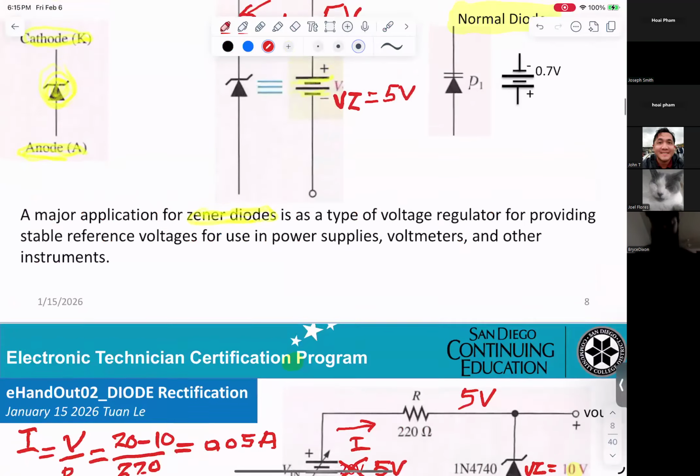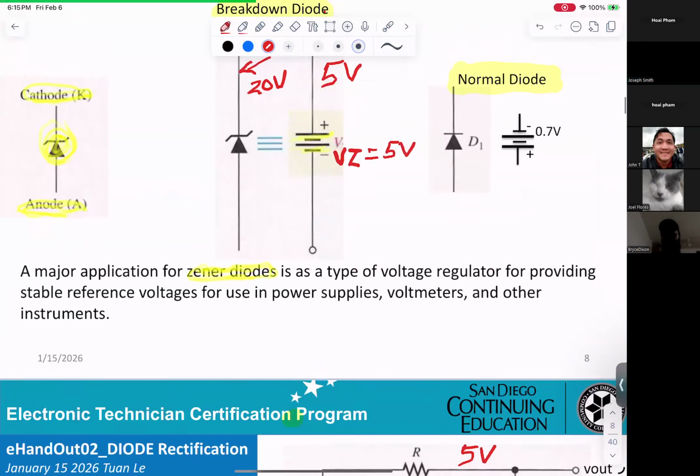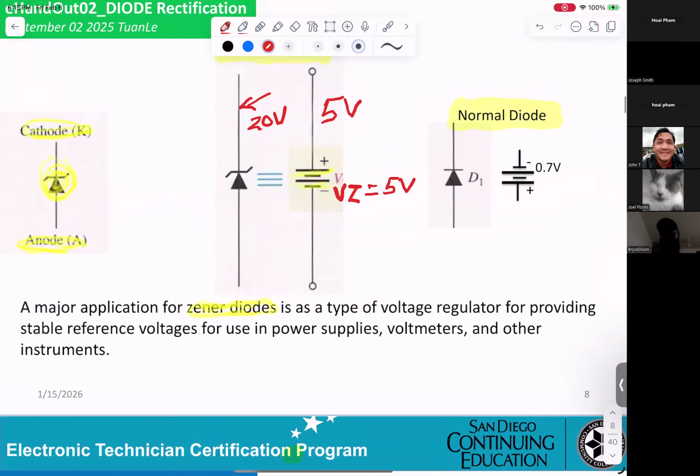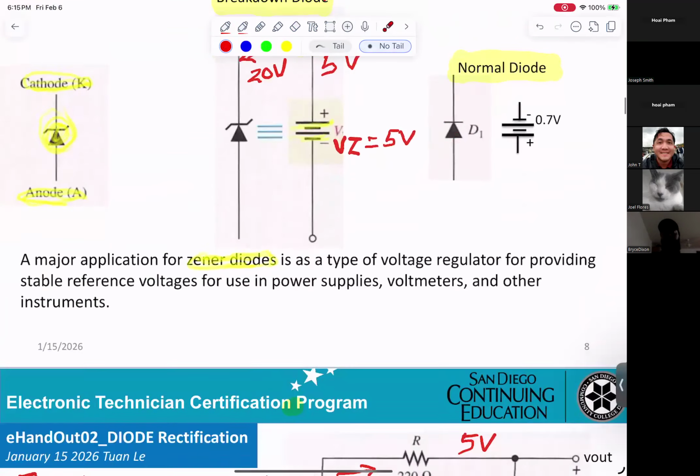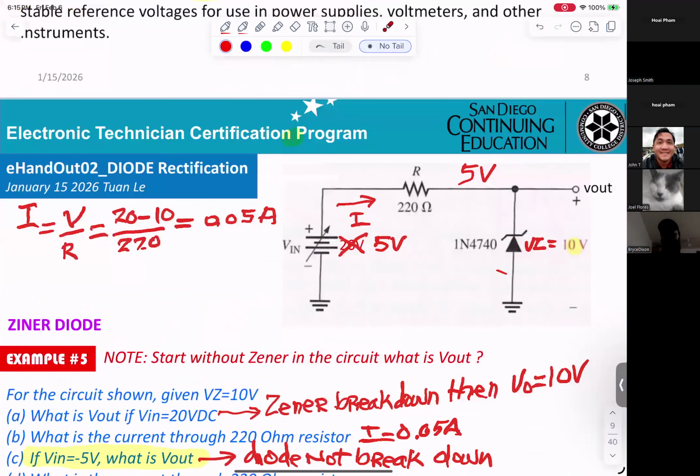You can see here, they go back to normal diode. Just go back to normal. Okay? So I can draw the diode now. You can see this diode here. Okay? Negative here. Positive here.